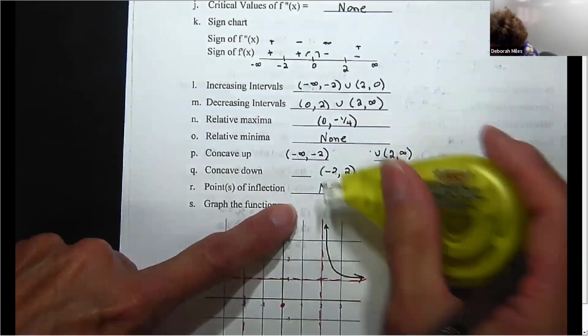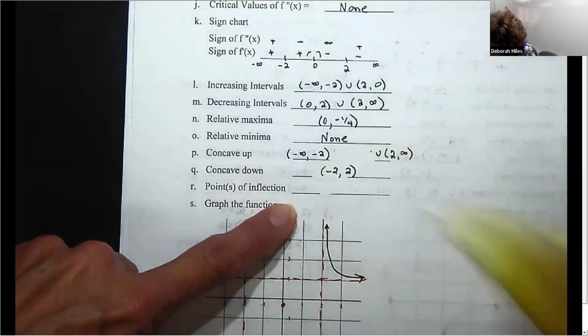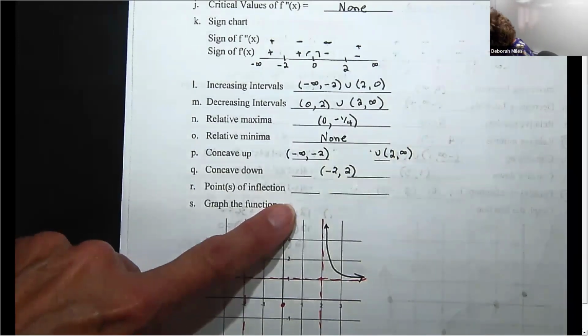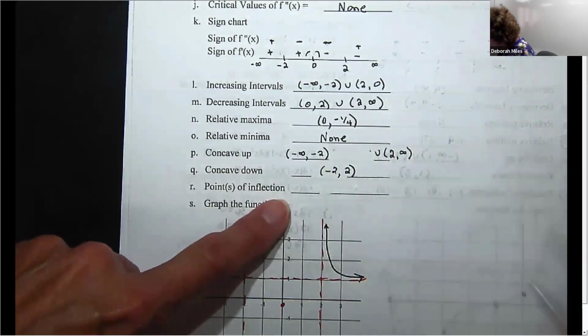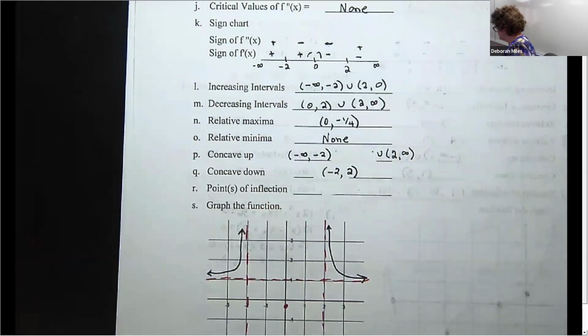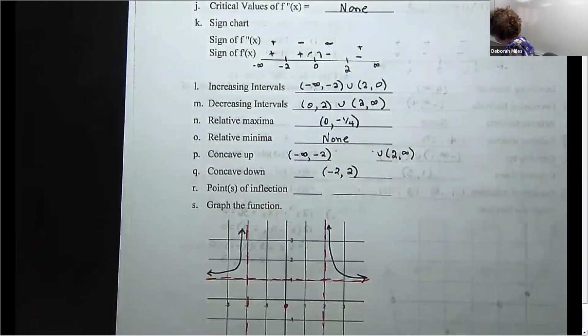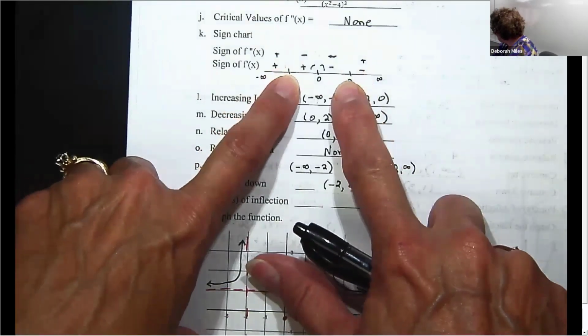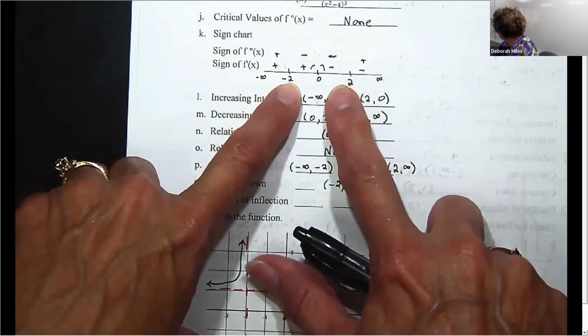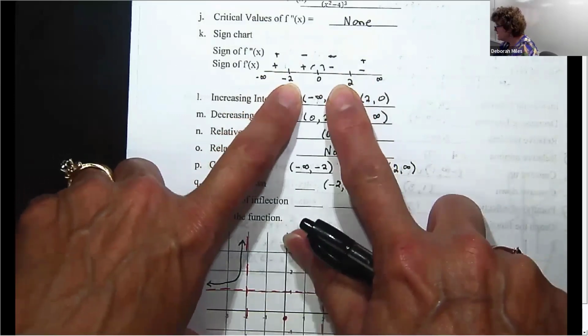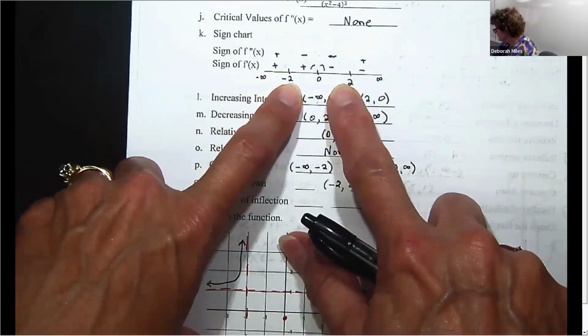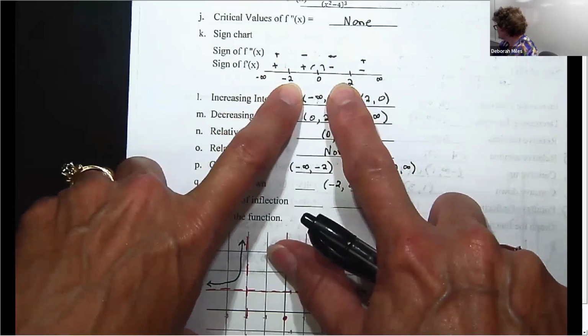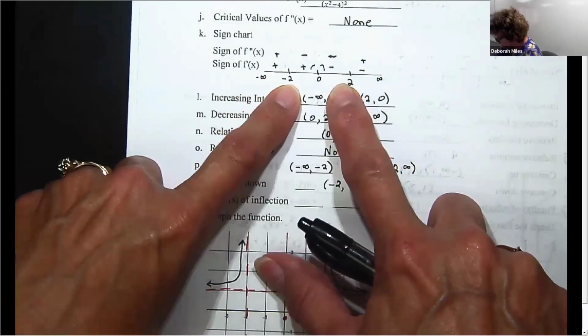And then there would be 2 inflection points. Oh, would there be 2 inflection points? The answer is no, but why? The concavity changes at -2 and 2, but those can't be points of inflection because they're asymptotes.